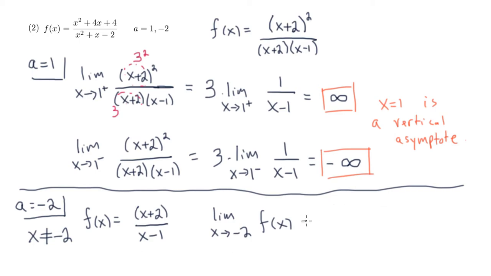So this limit is actually just equal to f of negative 2, which is negative 2 plus 2 over negative 2 minus 1, but this is 0. So actually the limit as x approaches negative 2 of f of x is 0. But that means there's not a vertical asymptote at x equals negative 2.